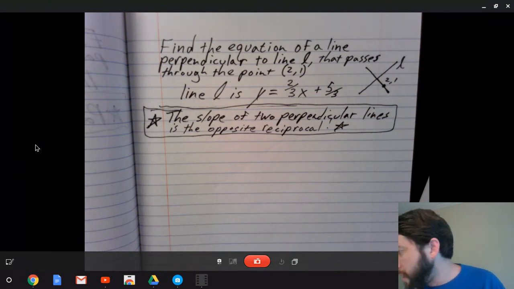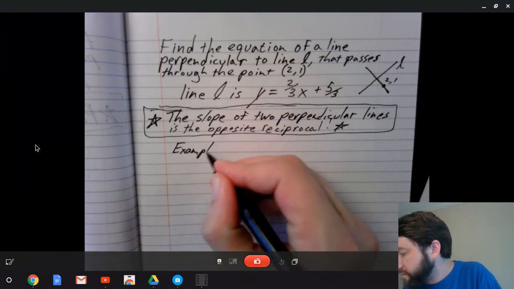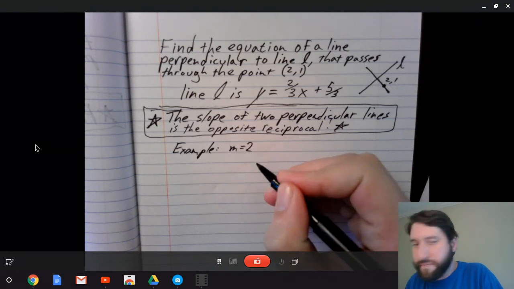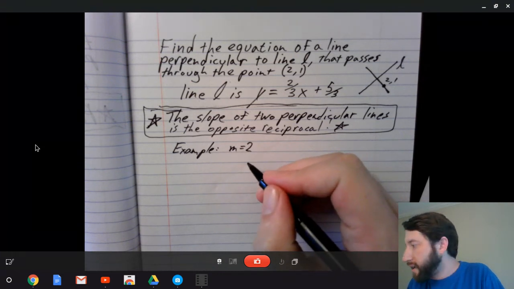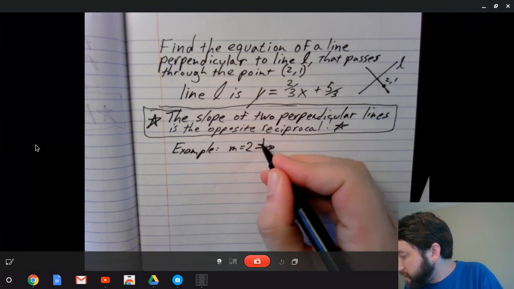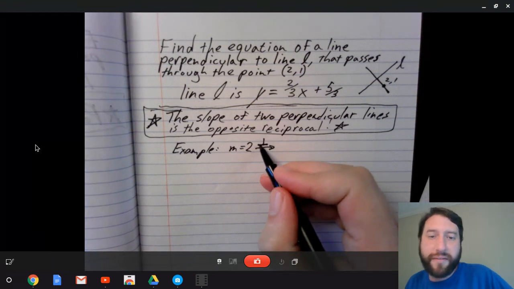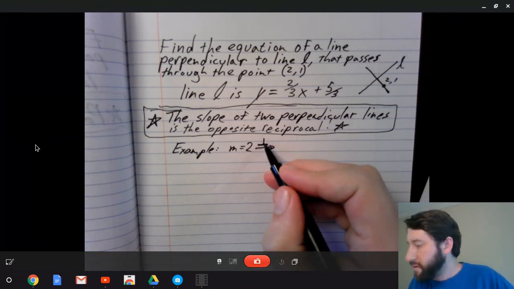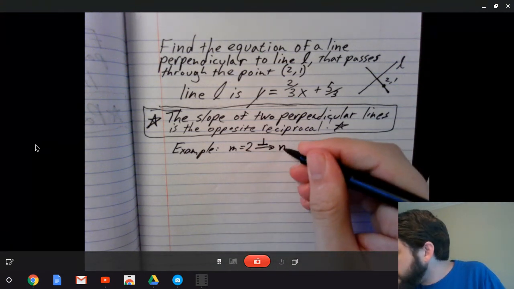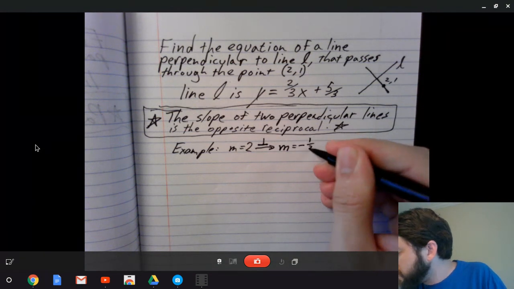So what do I mean by opposite reciprocal? Let me give you an example. Suppose m equals 2. If I wanted it to be perpendicular, and one symbol we like to use for perpendicular is an upside down T, this stands for perpendicular. So if our original slope is 2, my new slope is going to be negative 1/2.